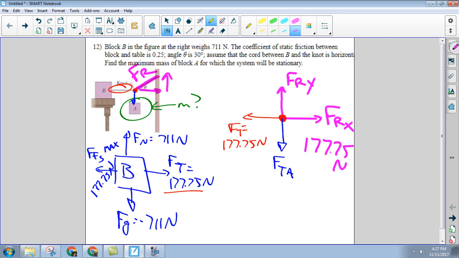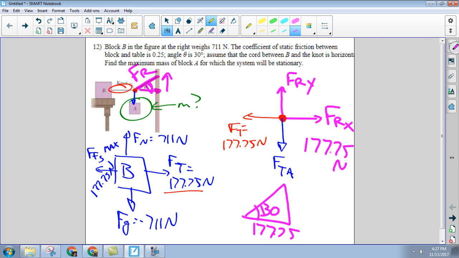Okay, and we're told that this angle here is 30 degrees. So I feel like we can do a little bit of trigonometry here, right? So let's see, we've got this triangle here. This is 30 degrees. We know that this is 177.75. So we can use tangent to find this other guy.